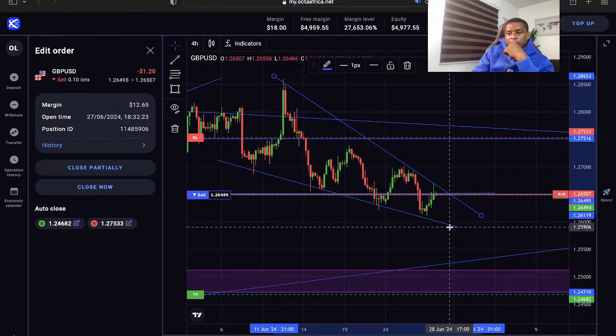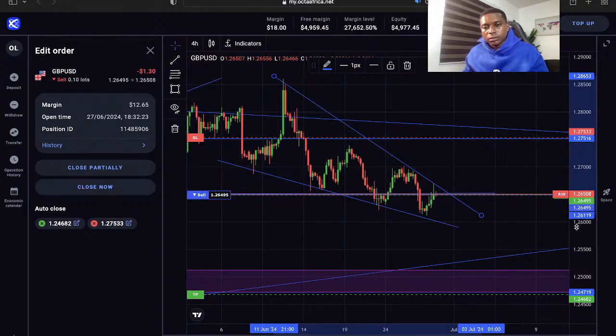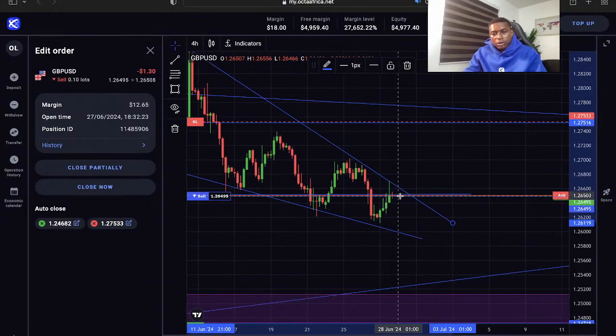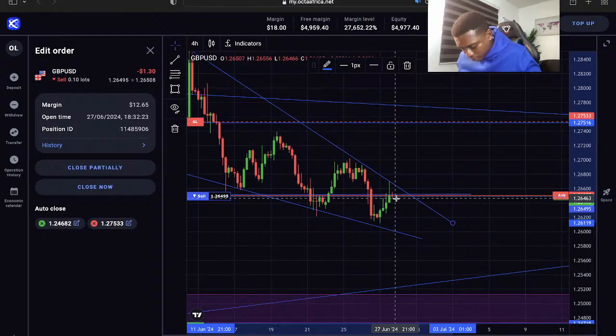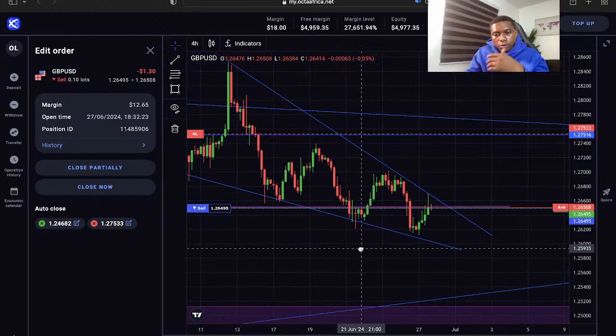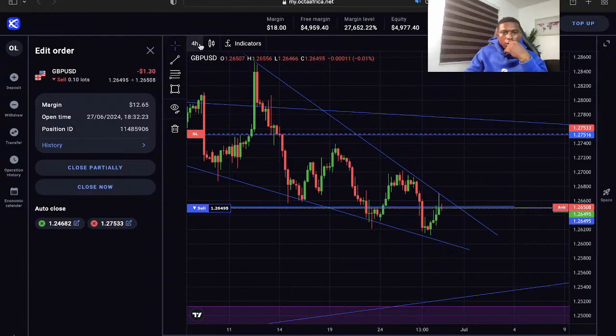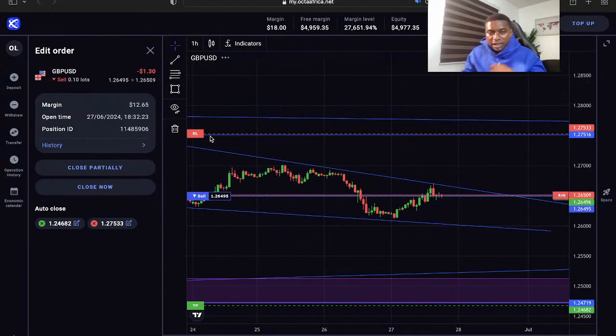Down. That's part of the reason why we've sold at this level. So this is one of the trades I've been watching. Let's go down to the 1 hour time frame.